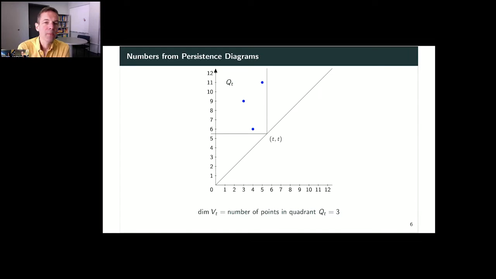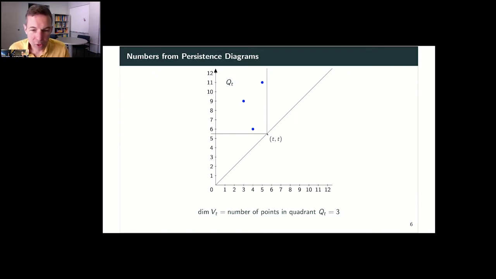An important observation about the persistence diagram is that if we fix a parameter t, look at the corresponding point on the diagonal, and look at the upper left quadrant from that point, and we count the number of dots in the persistence diagram in that quadrant, then we recover the dimension of the vector space at that parameter number.